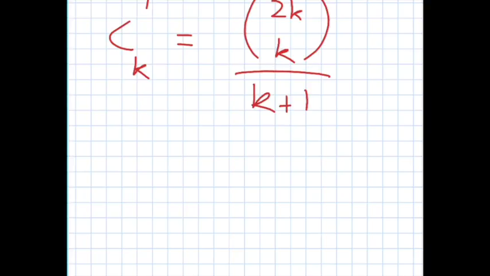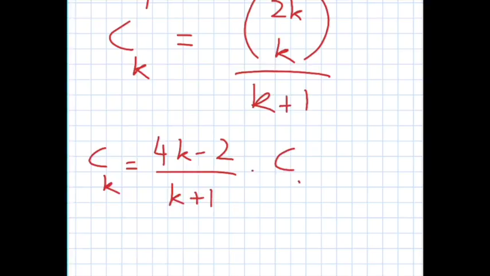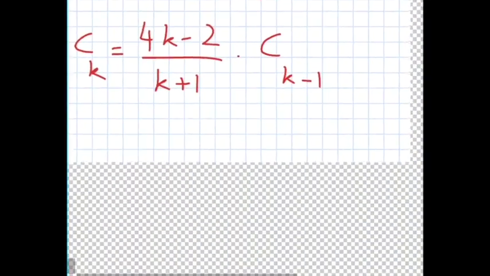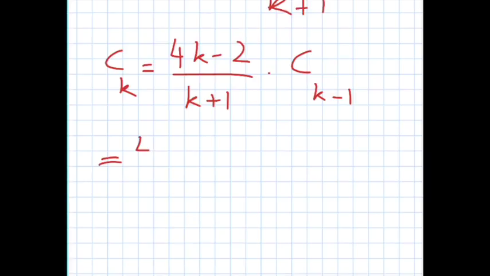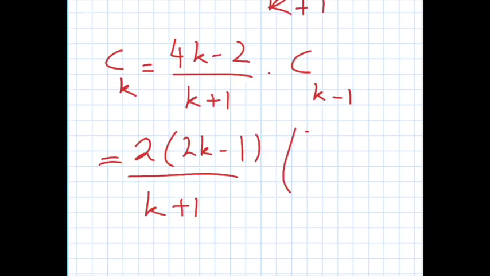So then Ck is equal to 4k minus 2 over k plus 1 times C(k minus 1). I can take this common and say 2 times 2k minus 1 over k plus 1 times 2k minus 2 choose k minus 1 over k.